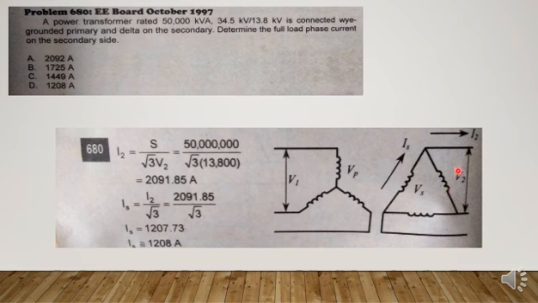So, ang hinahanap naman natin dito ay yung base current on the secondary side. Ito. Base current. Ito, base voltage. So, gamitin natin yung formula ng sa may apparent power kasi may given na apparent power dito. Yung kVA. So, substitute na lang. Yung voltage sa secondary winding natin is given as 13.8.